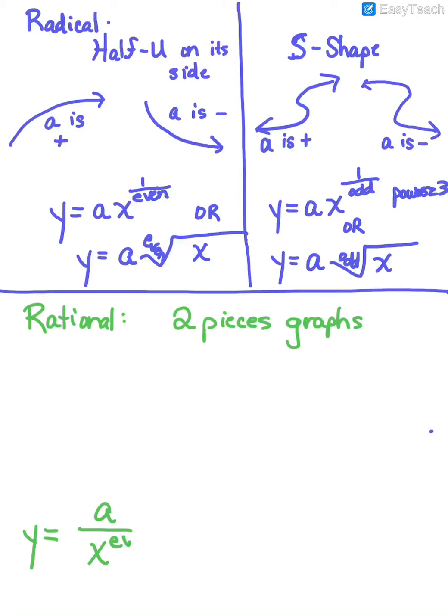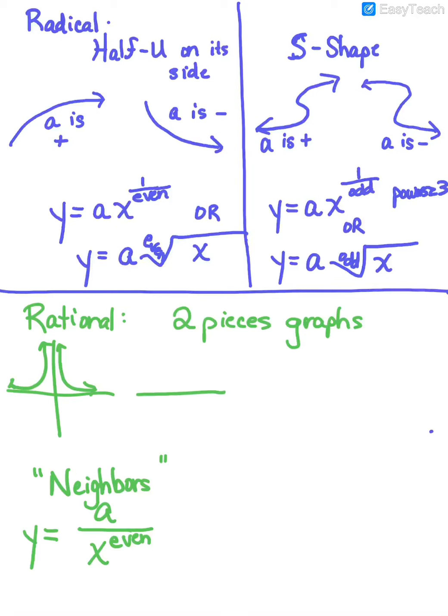And so if it's in the bottom and it's got an even power, then we refer to the two pieces as next door neighbors. So the pieces are neighbors. So your graph is either going to look like this, where both of your pieces are in quadrants 1 and 2, or your graph is going to look like this, where the two pieces are in quadrants 3 and 4.